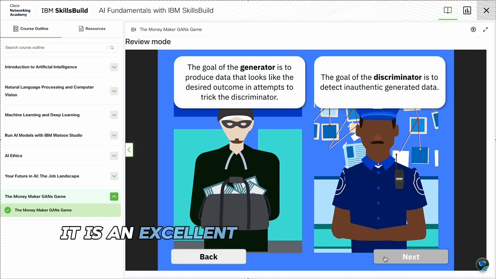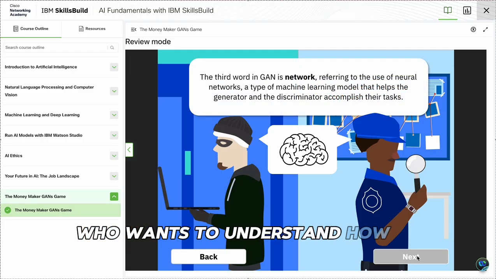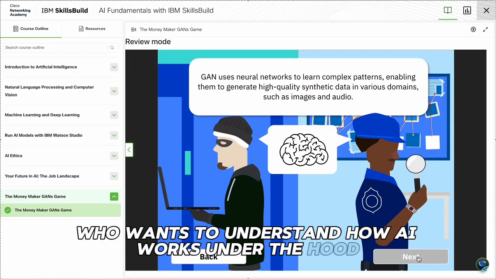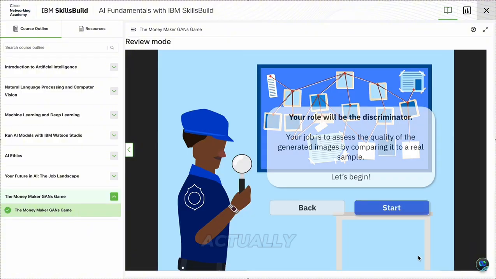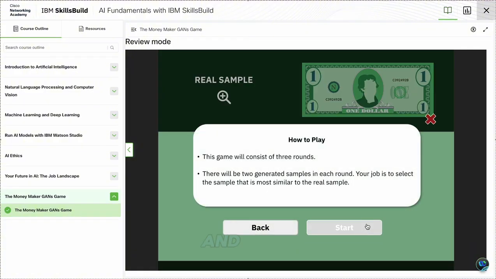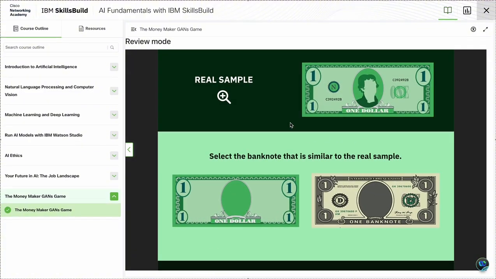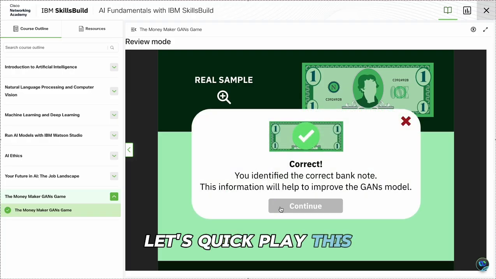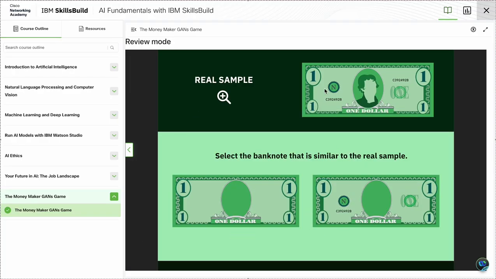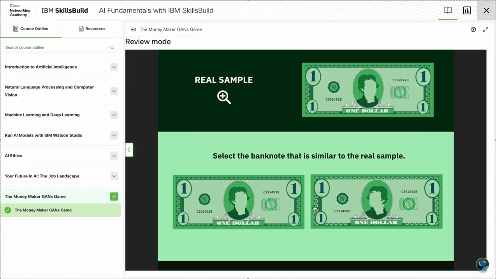It is an excellent starting point for anyone who wants to understand how AI works under the hood.